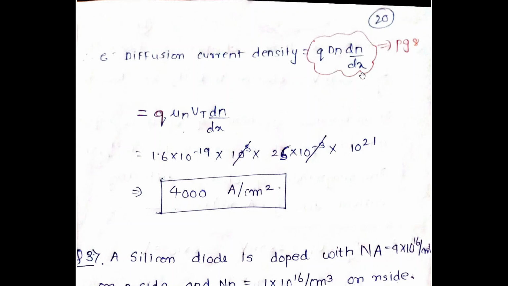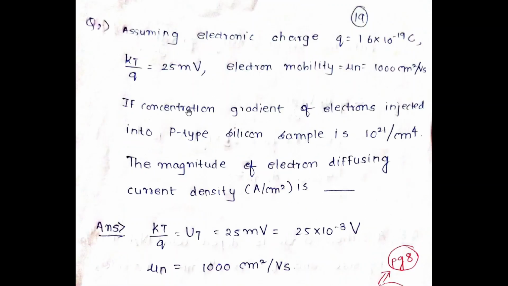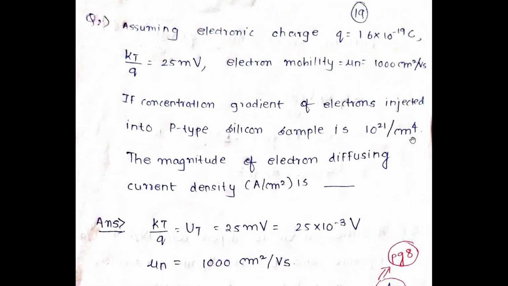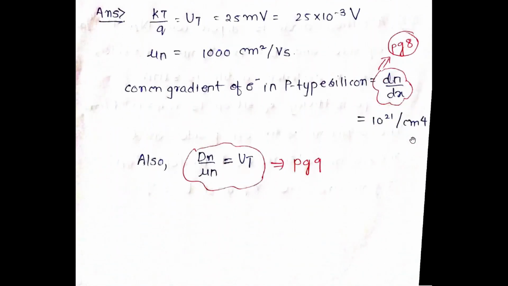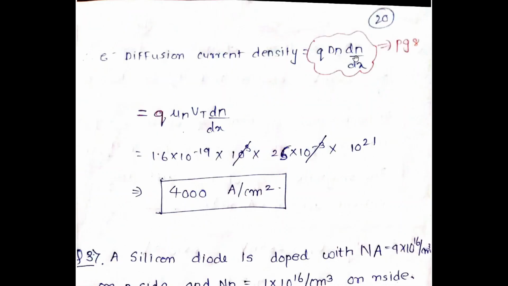And then you have dn by dx. The dn by dx is straight away given as the concentration gradient, 10 raised to 21 per centimeter raised to 4. So just substitute the value of Q, Dn equal to mu n into Vt, and then dn by dx, which is over here, and try to find out the final answer.